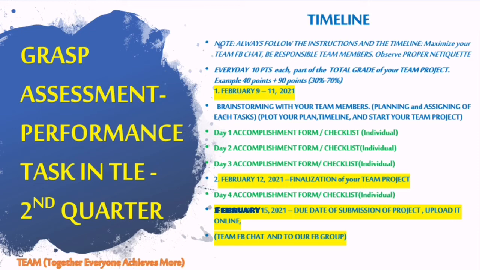For day 1, accomplishment form, checklist, it is individual. You will pass it or send it to your team Facebook chat. Day 1, day 2, day 3, and day 4.